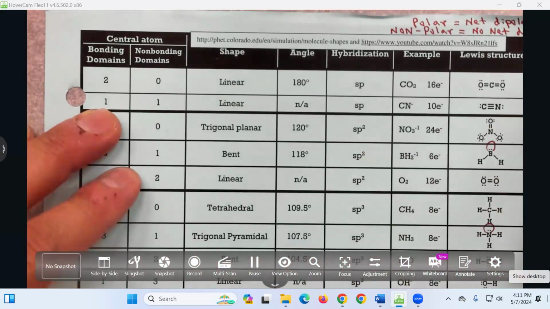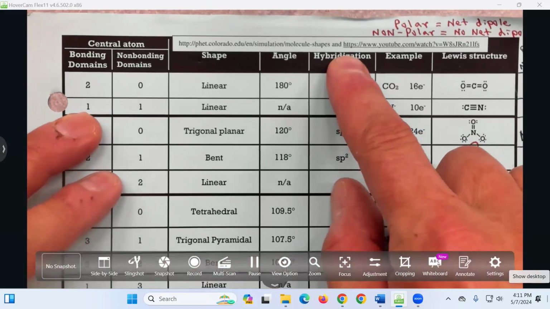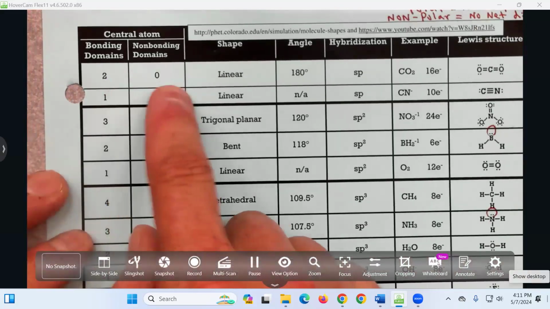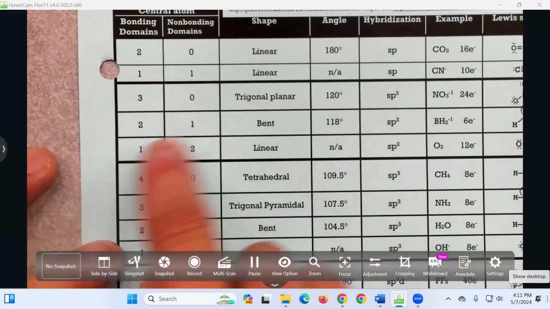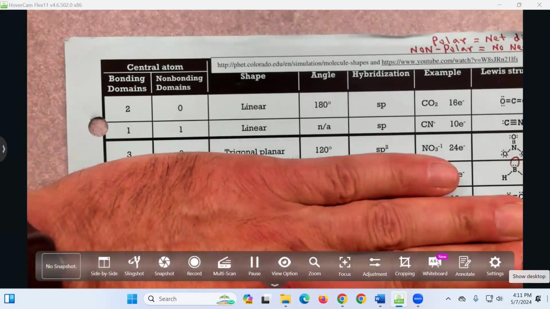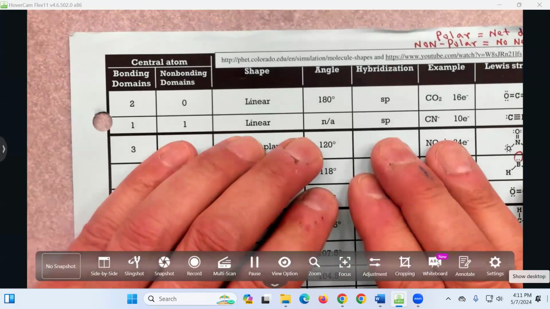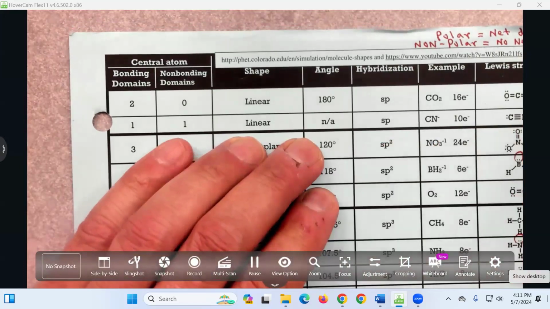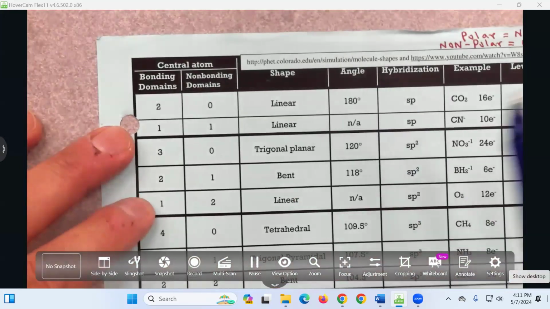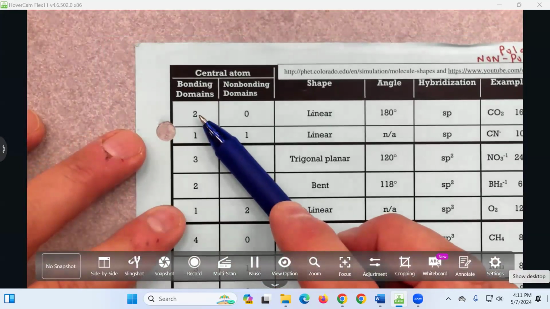This blue sheet is organized according to hybridization. I know it goes 2-0, 1-1, 3-0, 2-1, 1-2, but look, the hybridization matches the electron pair geometry. So my hybridization always matches this top number.